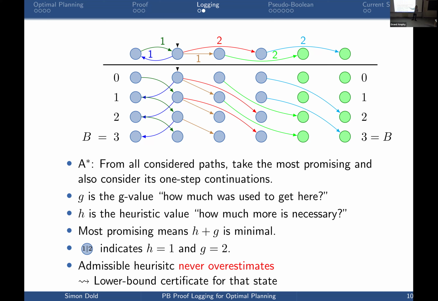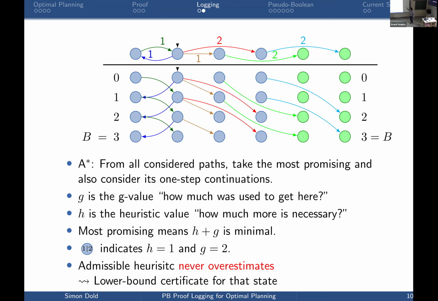The G value tells me how many resources it took to get to this end of the path. And the H value tells me how many more resources are necessary to get to one of the goal states. Most promising then is the addition of those two values, and if it's minimal, then it's the most promising one.